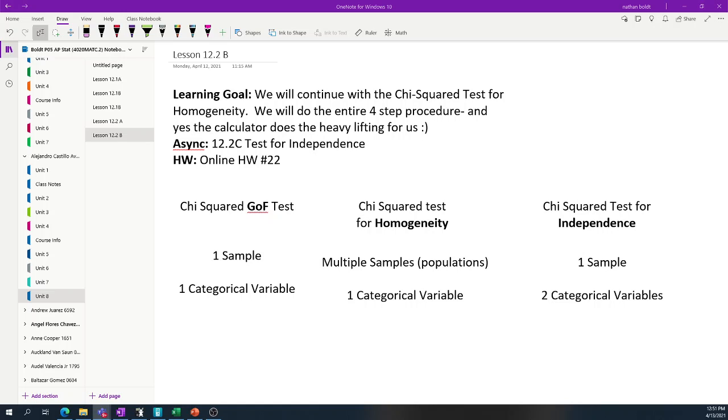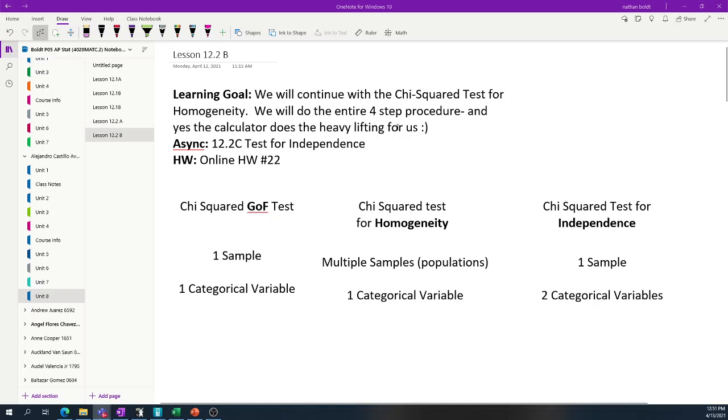You can't call a homogeneity test a GOF. Even though you might get the same answer, your interpretation's a bit different and the wording's a bit off. So the main hurdle is keeping these 3 things separate, straight, and knowing which one is which.